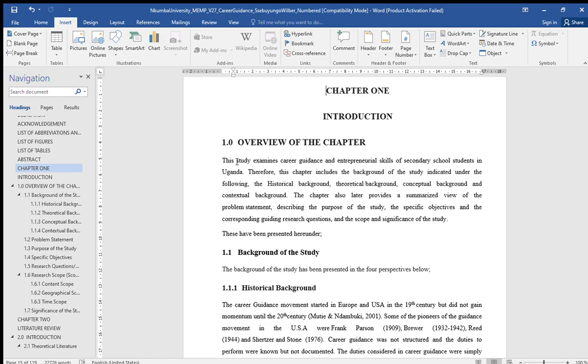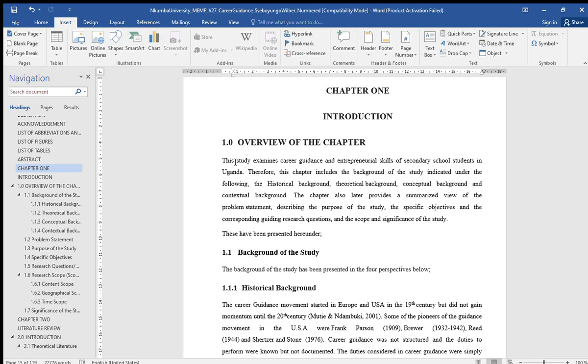That is about the topic, and thus the chapter includes the background of the study. Are you seeing that we are mentioning the main headings that are contained in the chapter? We have started by saying it will.